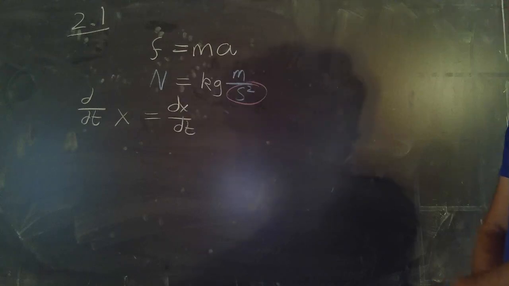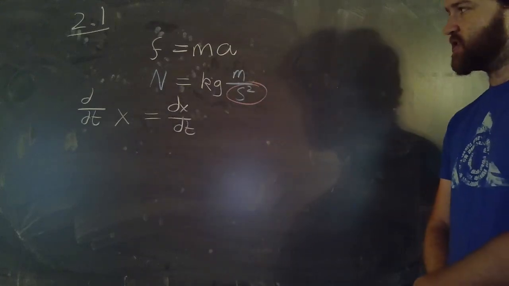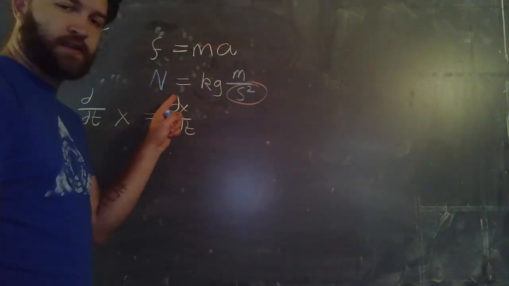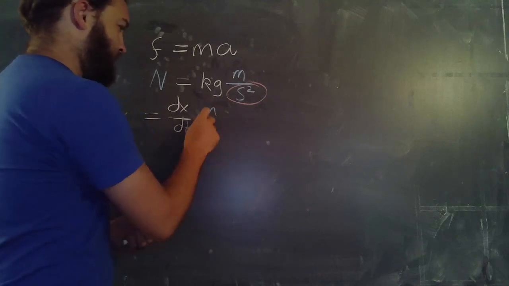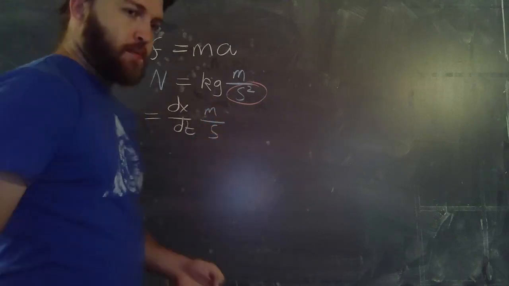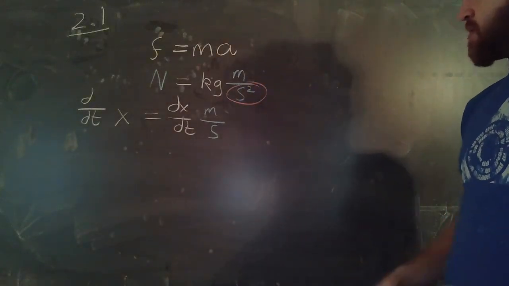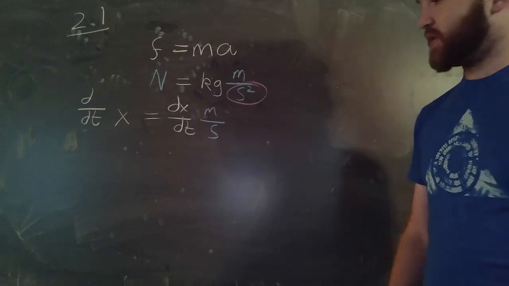Now notice here that the dx dt term is like a small change in x over a small change in time. And so if the unit for x is being measured in something like meters and the unit for time is being measured in something like seconds, then that dx dt term will have a unit, meters per second, which is a unit of velocity.